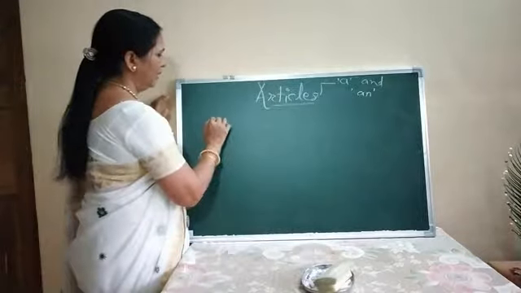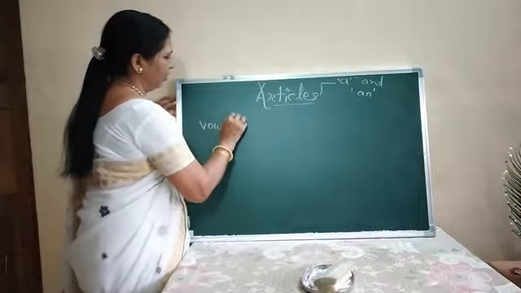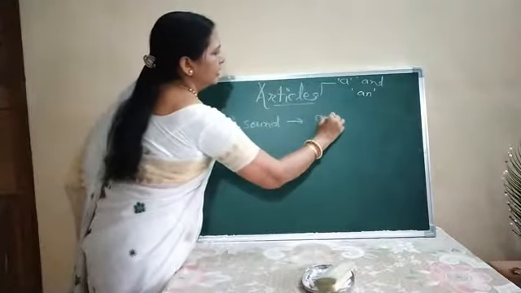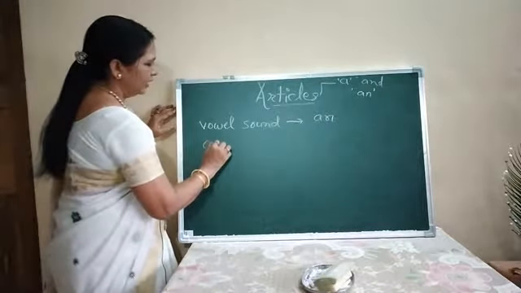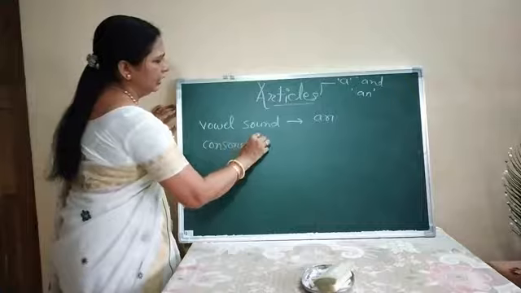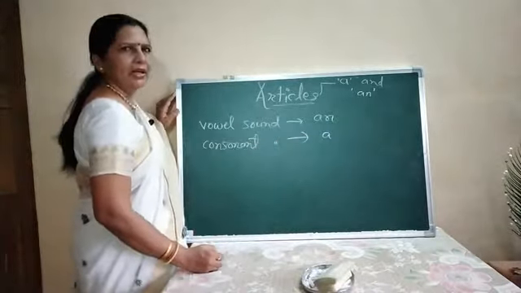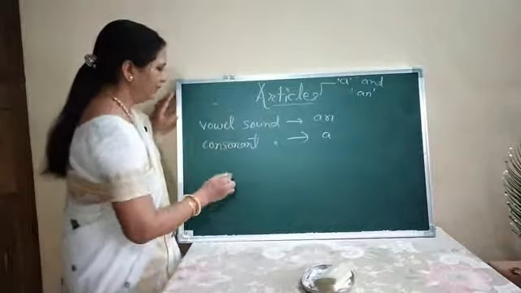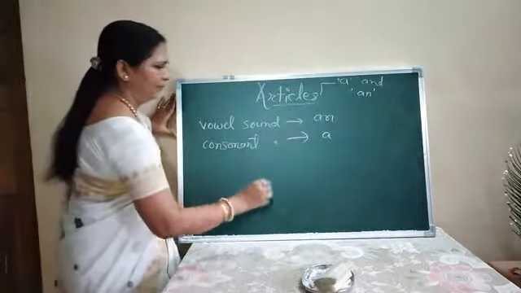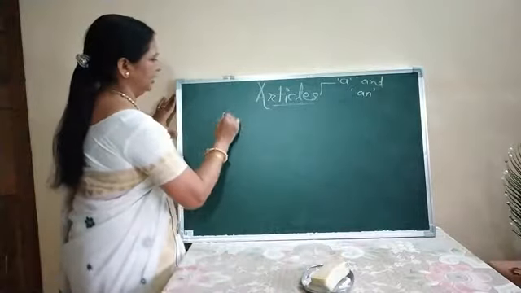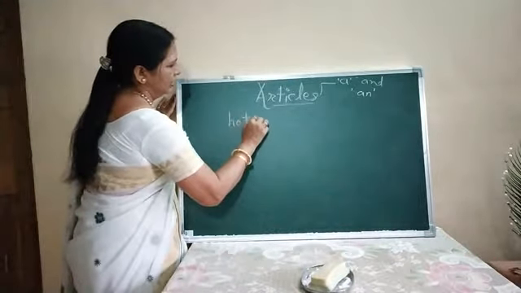So very simple. If there is a vowel sound, noun starts with a vowel sound, then use an. And if it starts with a consonant sound, then use a. There is only one different example. Say, read these words.